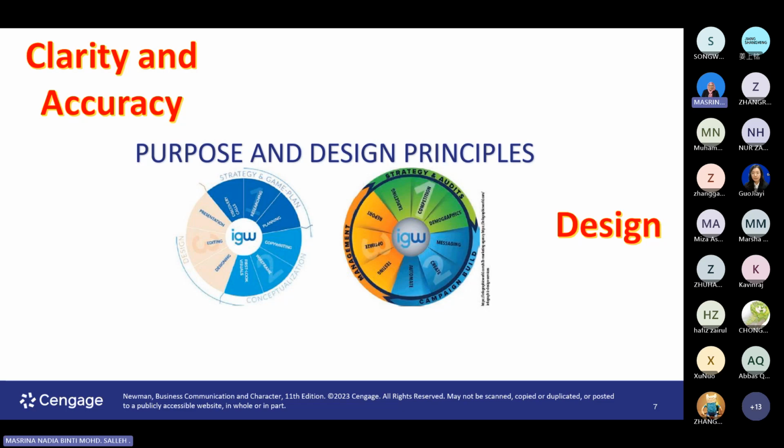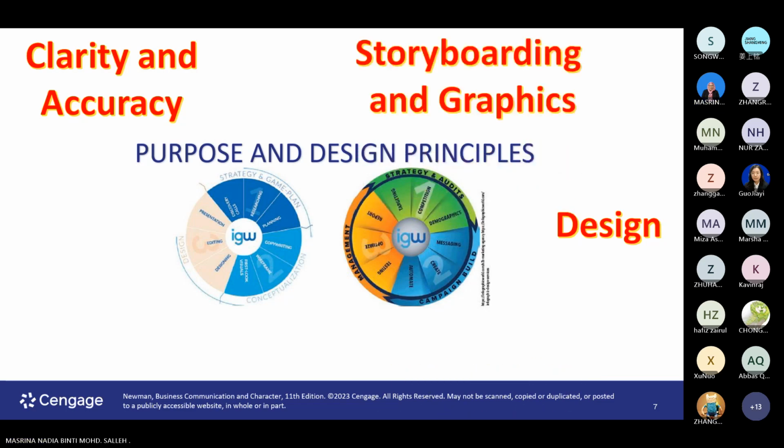The next principle is storyboarding and graphic. Based on this graphic, it tells us something. There's a story that we understand. The circular flow that has been used implies the storyboarded process and the divisions into segments, as you can see with all those text labels that explain the data.